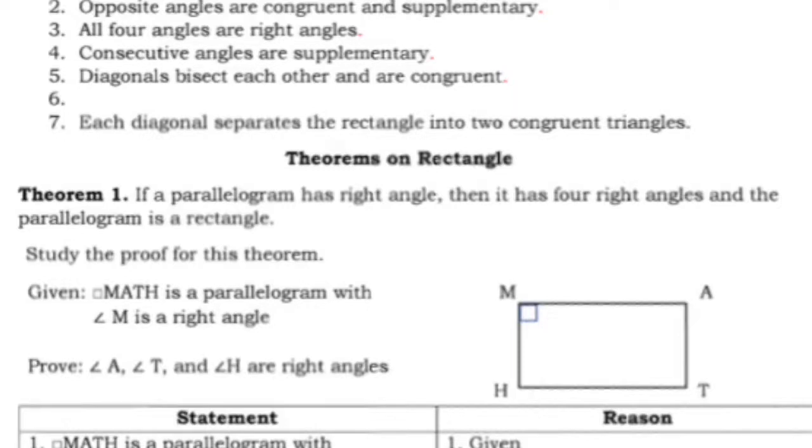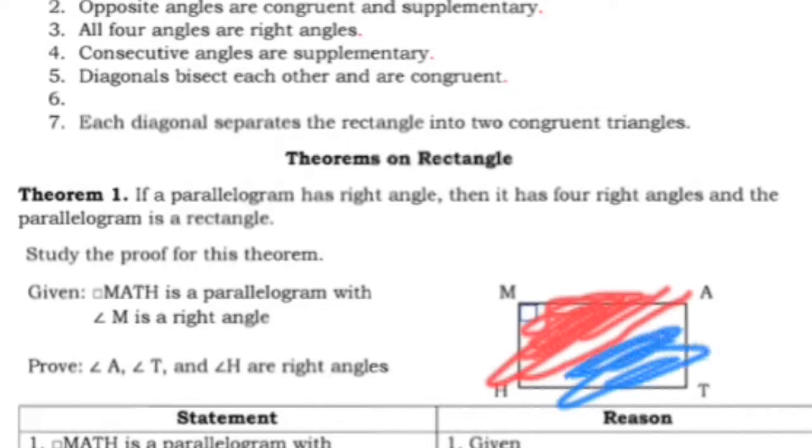If we have rectangle MATH and draw a diagonal here, HA, this will divide the rectangle into two congruent parts. This will be triangle number 1, and below will be triangle number 2.